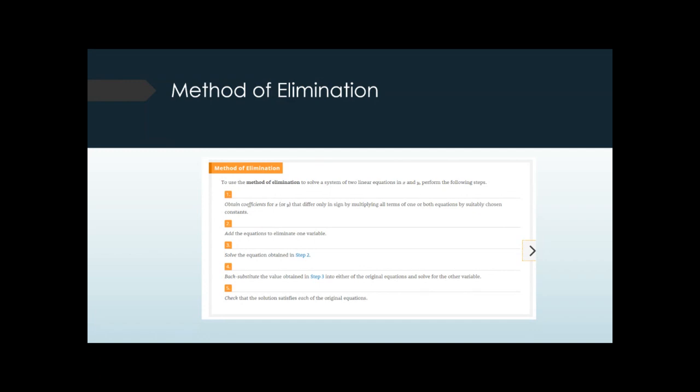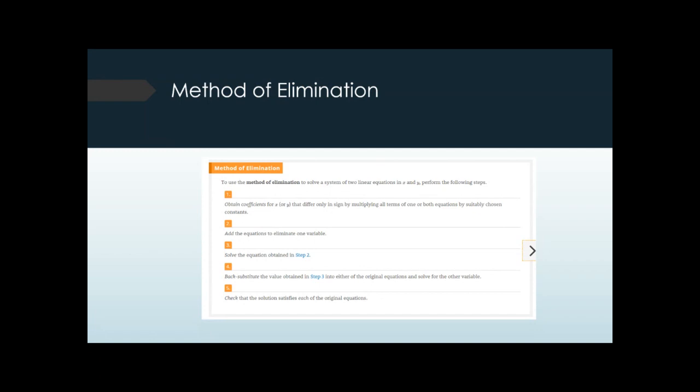We're allowed to do that because you're allowed to multiply both sides of an equation. If you wanted to, you could also divide both sides, but most people prefer multiplication. So we're basically artificially multiplying the equation by a number so that when we add, something cancels. That's the whole goal here.